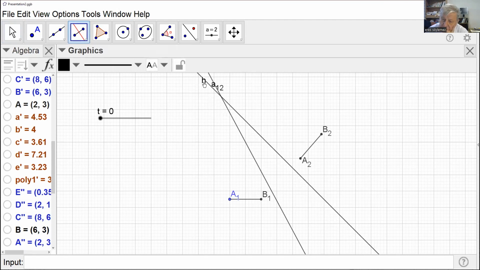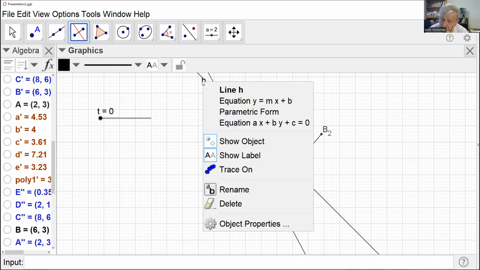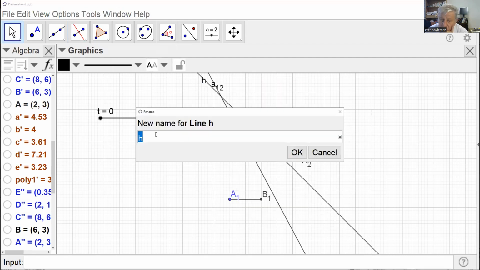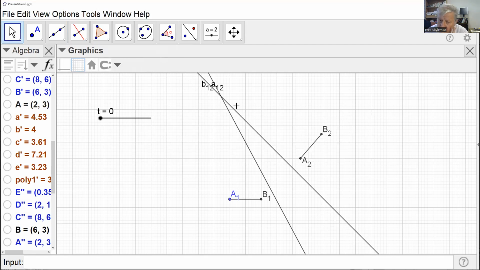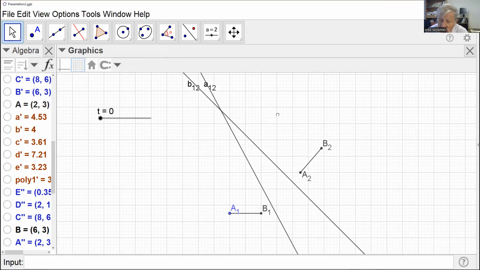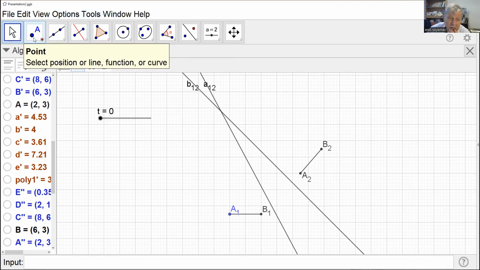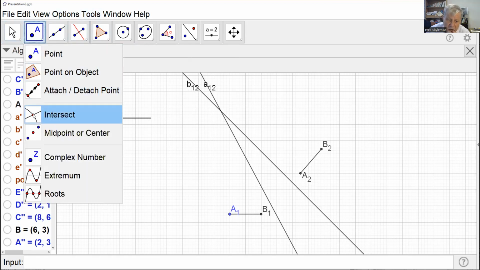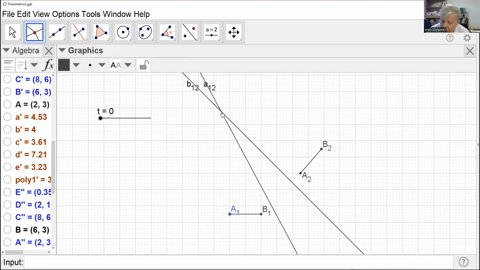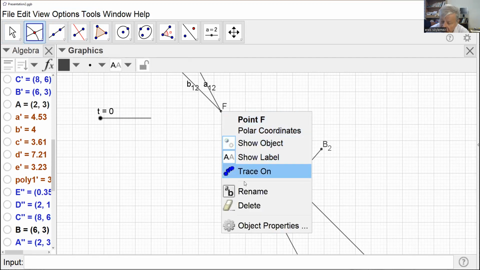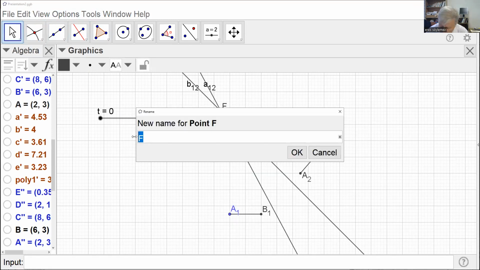I will call this B12. Now it is the intersection of these two perpendicular bisectors, this point, that we shall call P12.